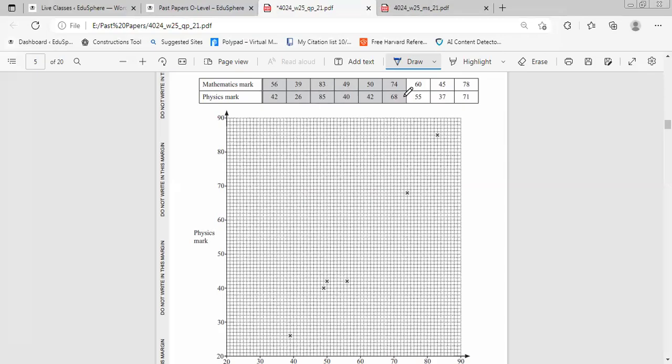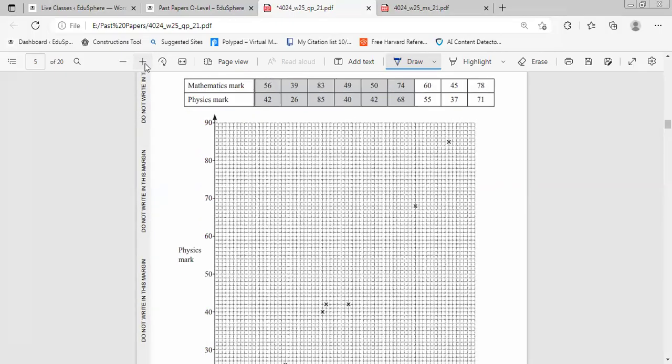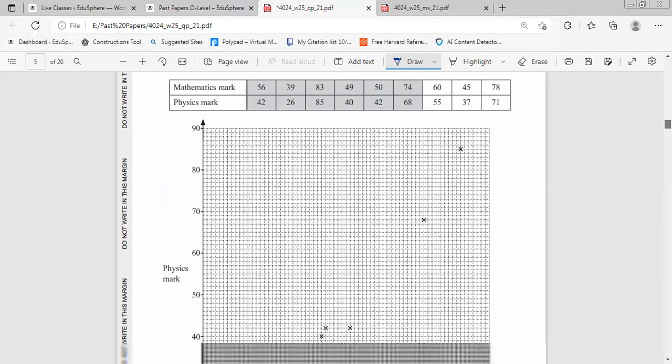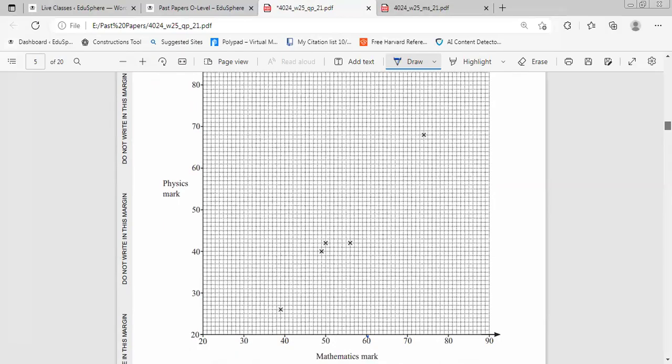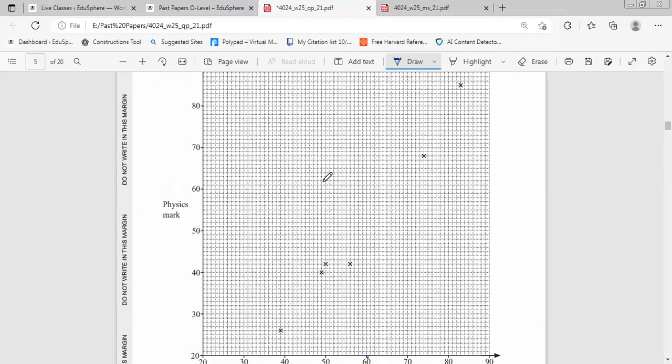So for 60 mathematics marks, first we have to go to 60 on the mathematics axis. We have to choose 55 for physics. So 55 means exactly moving to the middle. For 60 and 55, we have to plot it very carefully. So this is going to be this point.